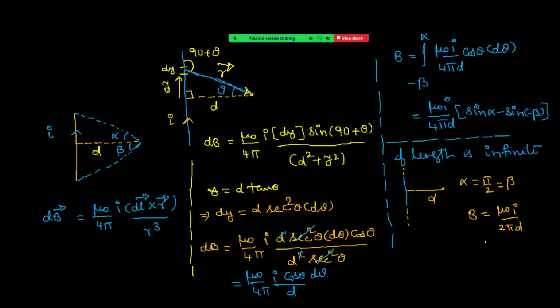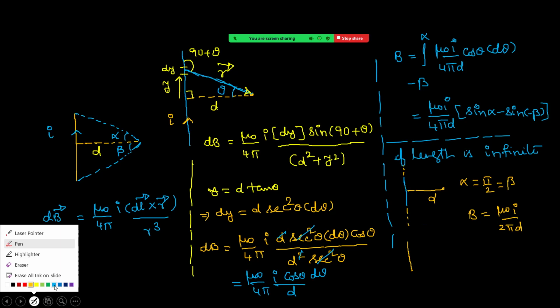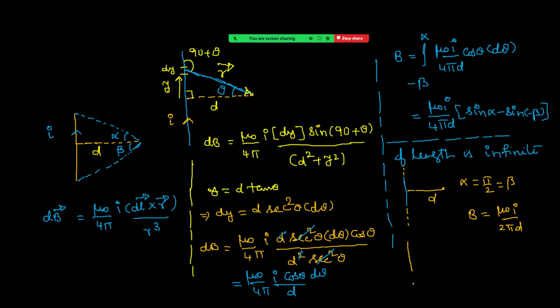For example, we are taking infinite length, but we want to calculate at one end. So we want to calculate now at this end of an infinitely long wire, distance is d. This is up to infinity, right? Then see what happens. According to this diagram, in this case, alpha becomes 90, beta becomes 0.